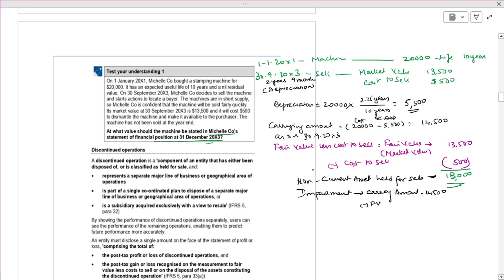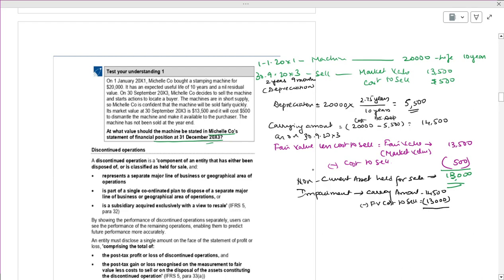Fair value less cost to sell: the market value is 13,500, but cost to sell, 500, you have to pay for selling. So we get 13,000.